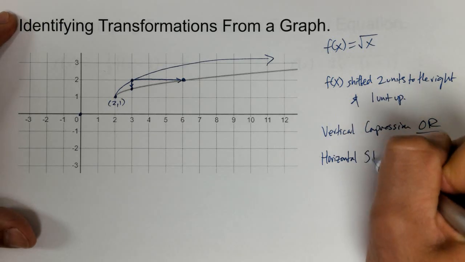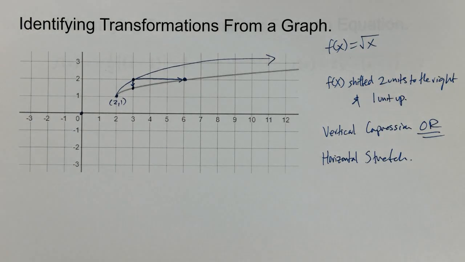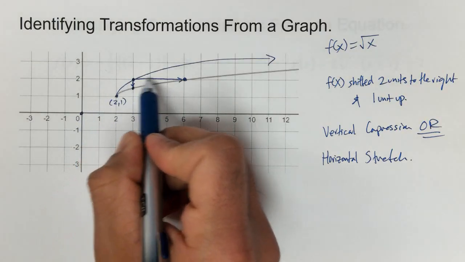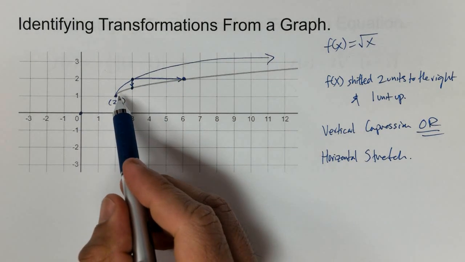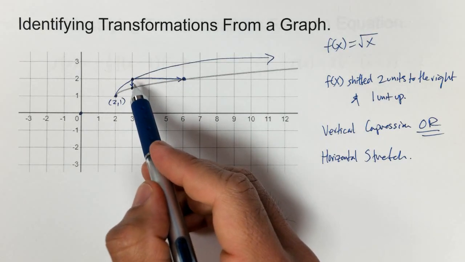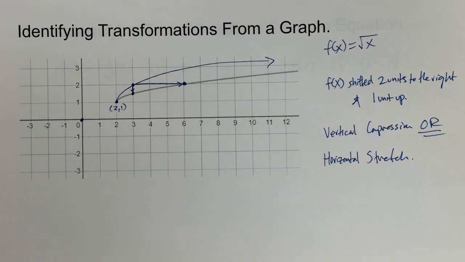Again, we're using the parent function to compare everything. What do we expect it to be? We expected this to be at 0, 0, and to go through this point. Instead, it moved up and to the right, and instead of going up at 1 over 1, it went lower. So that's a compression. Now let's get to the specifics.